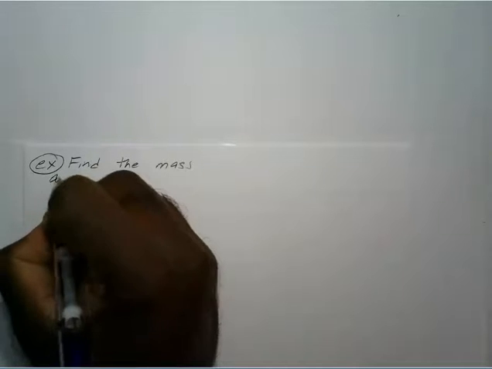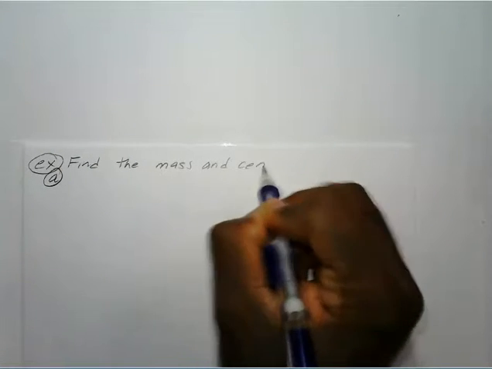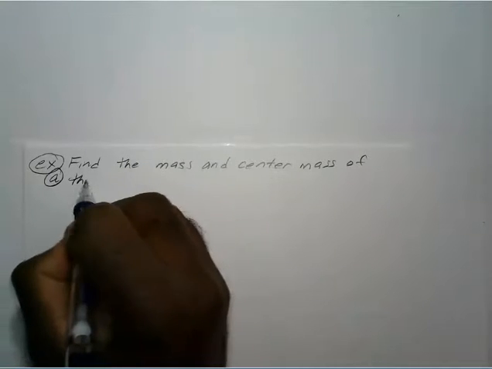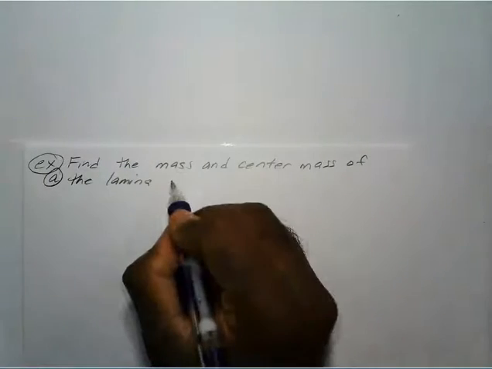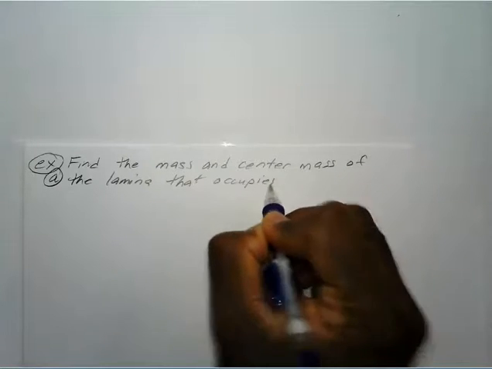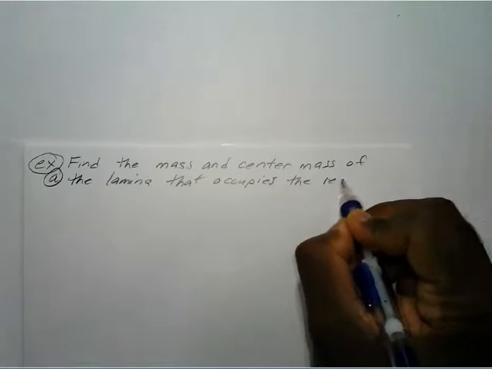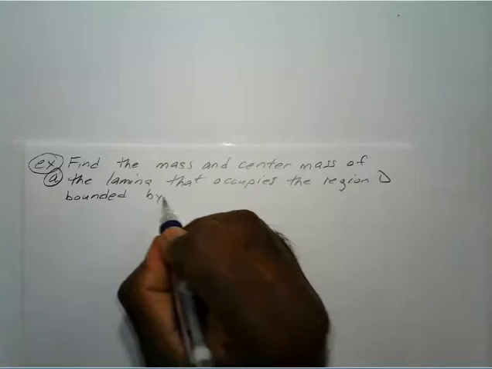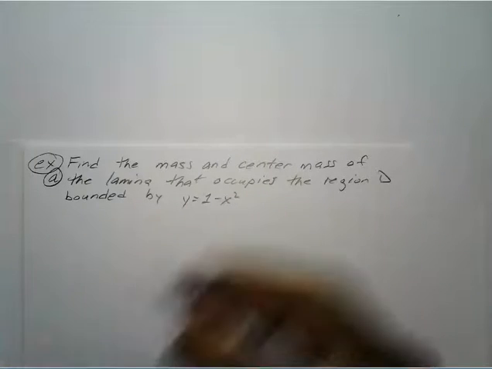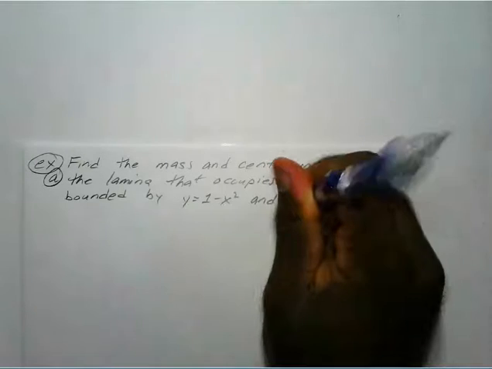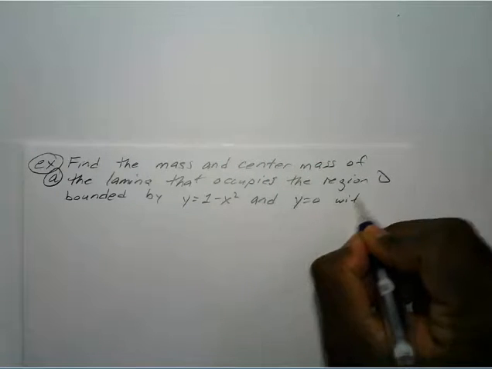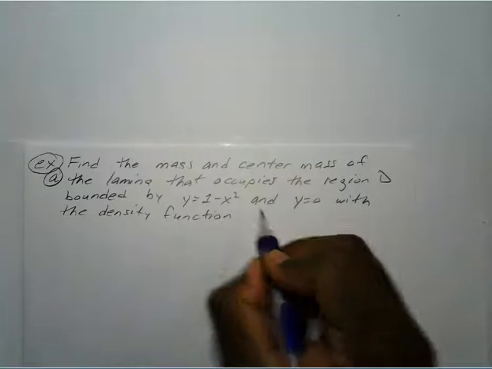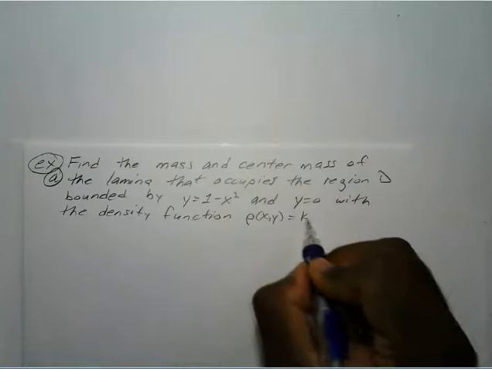This is problem A. Find the mass and center of mass of the lamina that occupies the region D, bounded by y equals 1 minus x squared and y equals 0, with the density function rho of x y equals k times y.